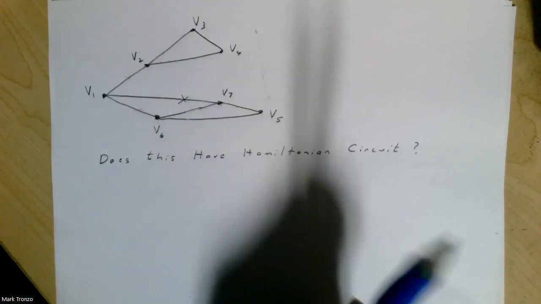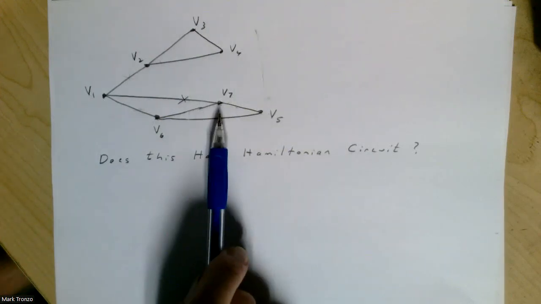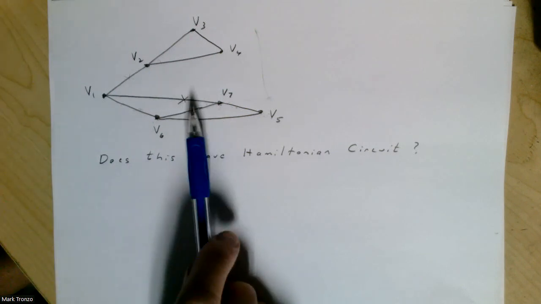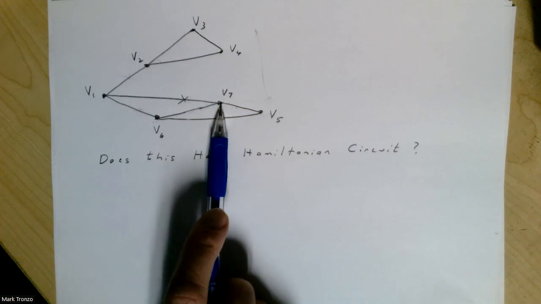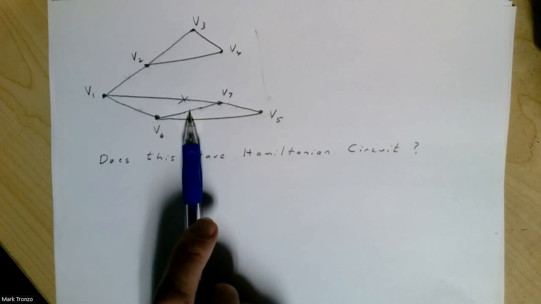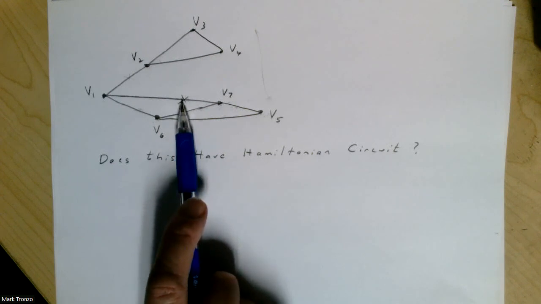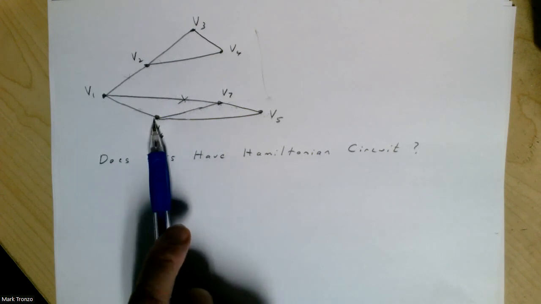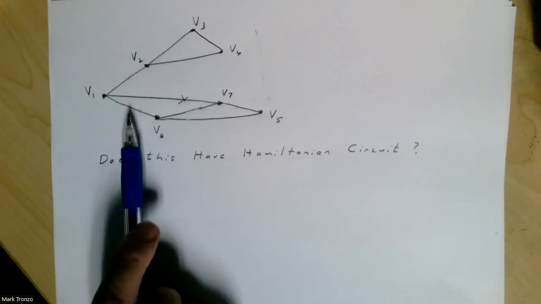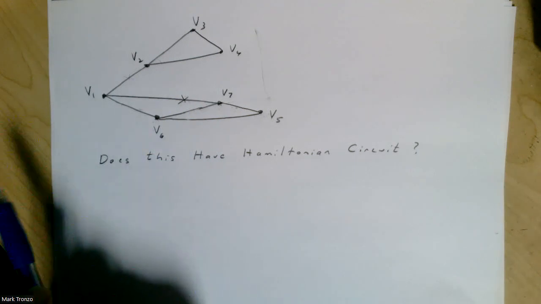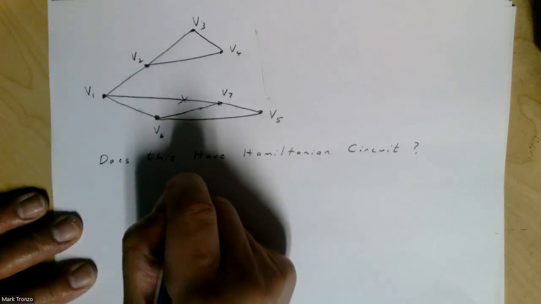In our attempt, we did what we did on the last graph, tried to make these all degree 2. We tried getting rid of this one, it didn't work. Now this one doesn't work either because when we try to get V6 down to degree 2, we can't take this away, can't take that away, and we can't take that away. So this one is no.